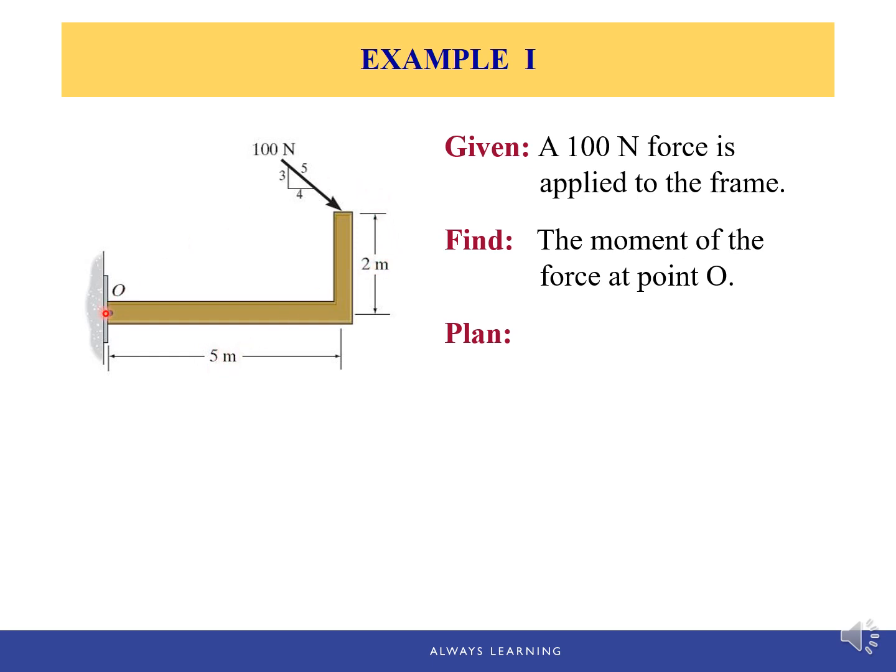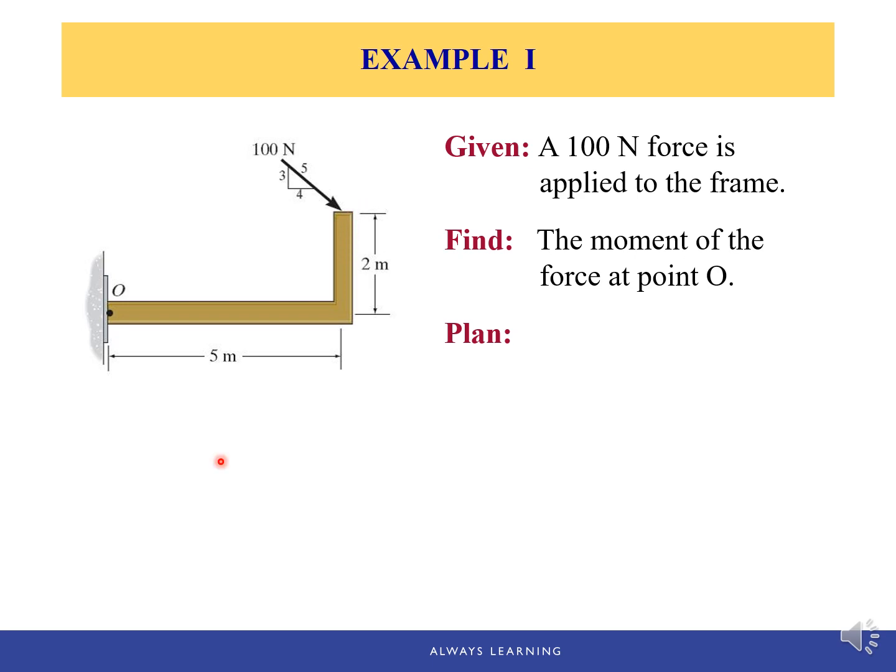In order to find the moment arm of this force directly, it's not that easy to find the moment arm, the perpendicular distance from the point O to the line of action. But if we can resolve the force into X and Y components, you'll see later it will be much easier to find the moment arm of the components.